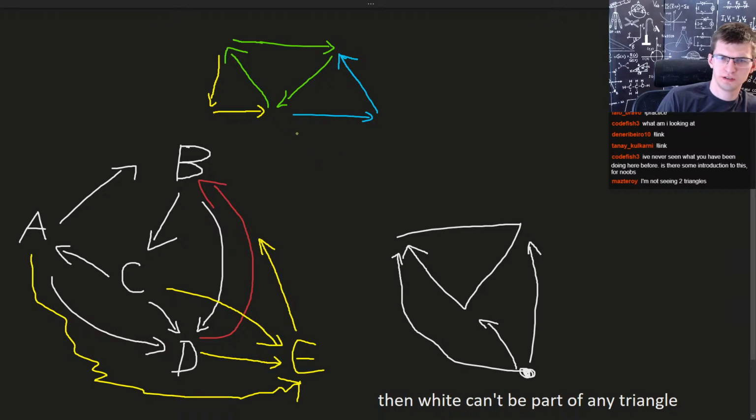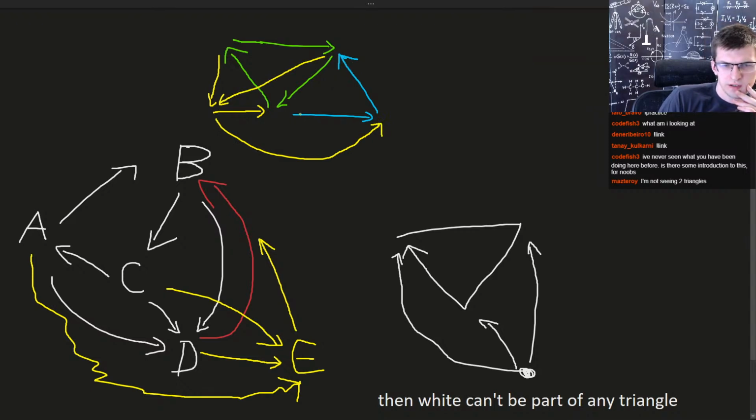Let's consider another edge here. So what if it's like that? But we need to have some connection with this guy. It must be with this thing. So that's a possibility. So we now have this triangle.